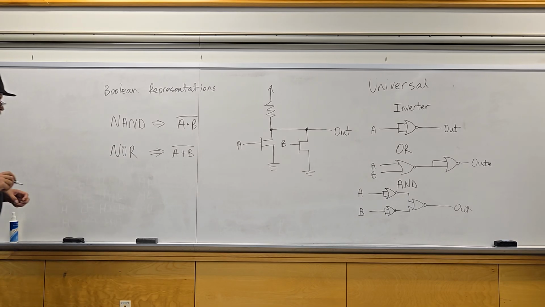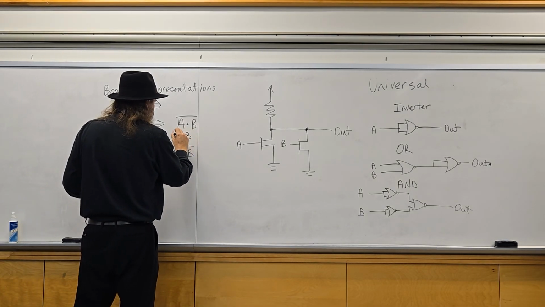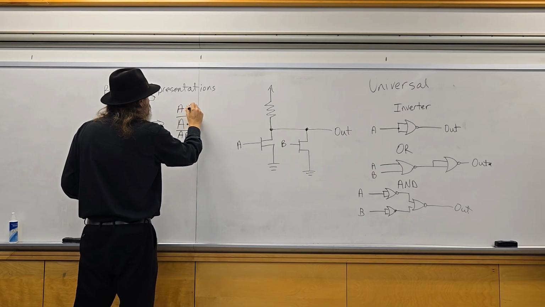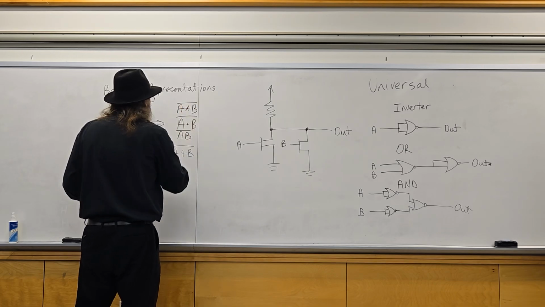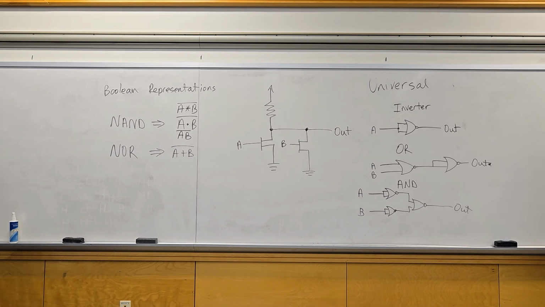And this could also be AB with a single bar, or A star B with a single bar. Either way, it can go either way. It depends on the style of writing you want to do.